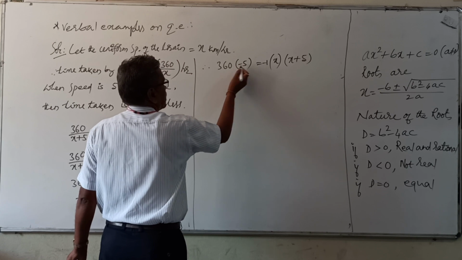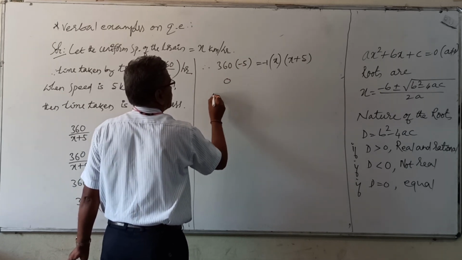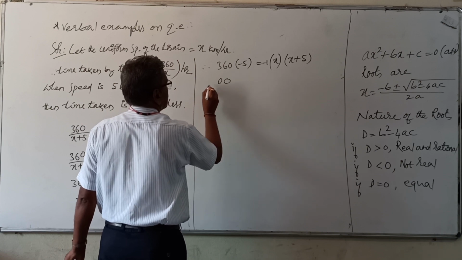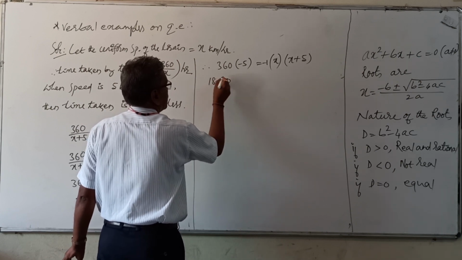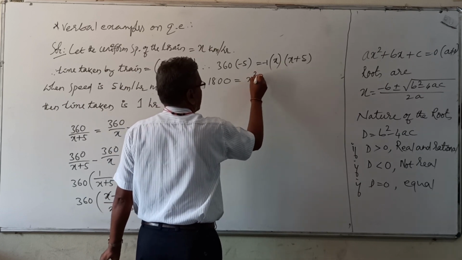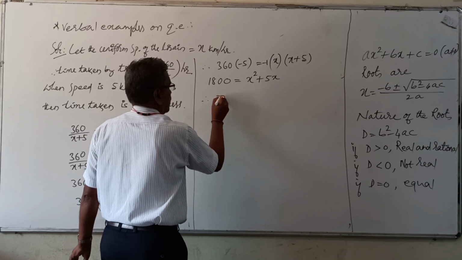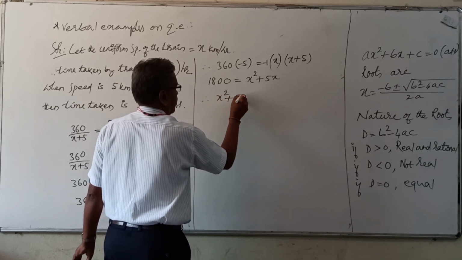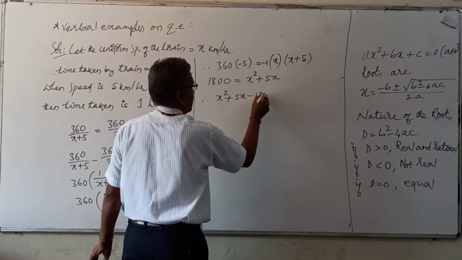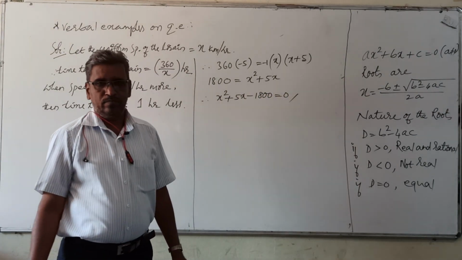So 360 into 5 equal to x into x square plus 5x. Therefore x square plus 5x minus 1800 equal to 0, standard form.